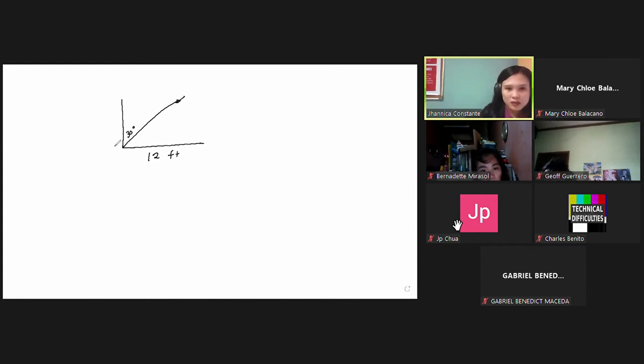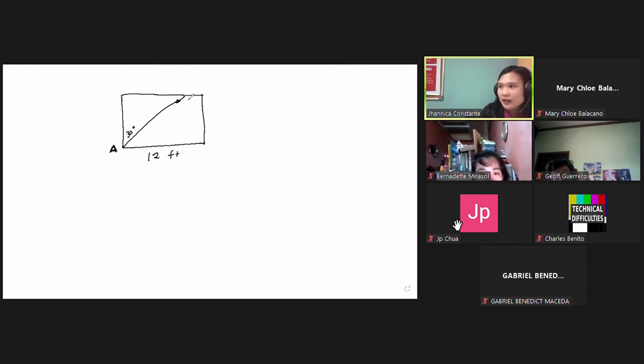Say A is the woman. This is where she's standing. And the sculpture is 12 feet far from the woman. The angle of elevation is 30 degrees, and the angle of depression is 22 degrees.